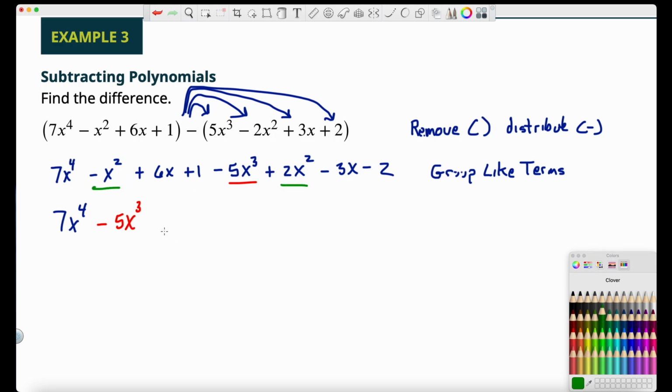I've got two x squared terms. I've got two x terms. And I have two constants, the 1 and the -2. Okay, let's add like terms.